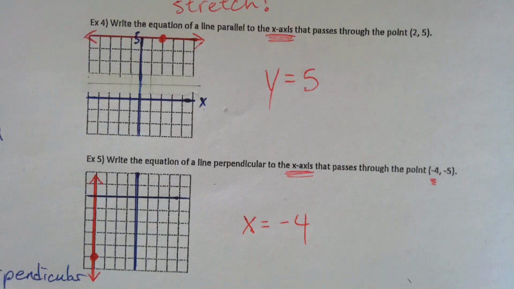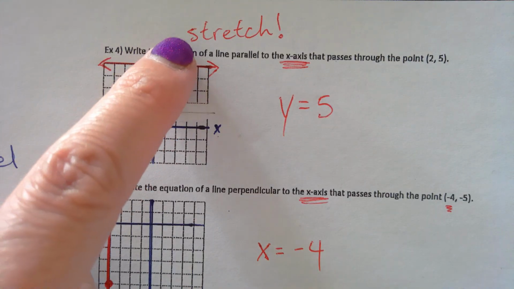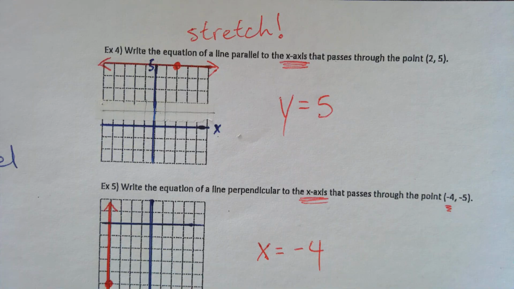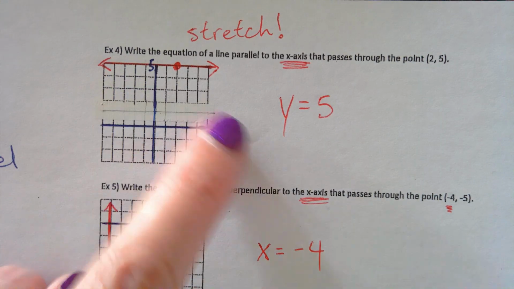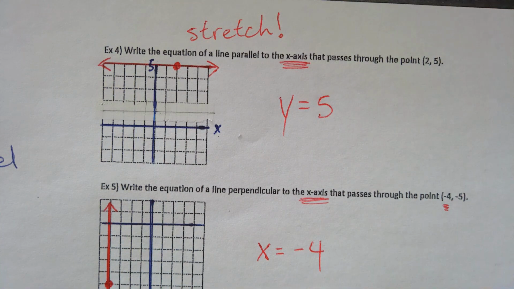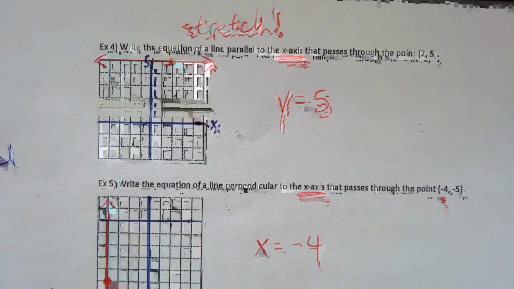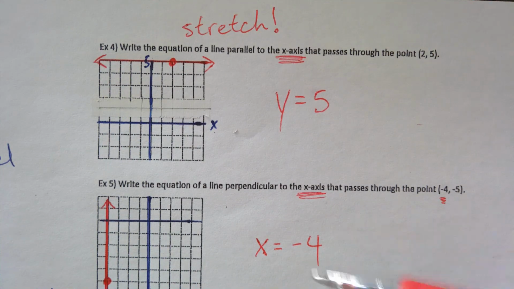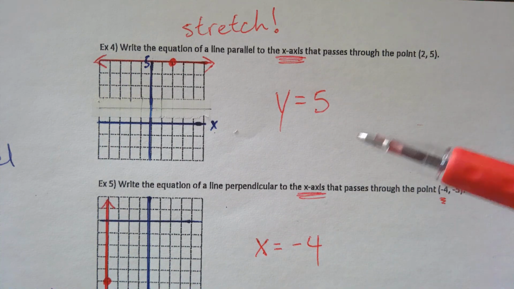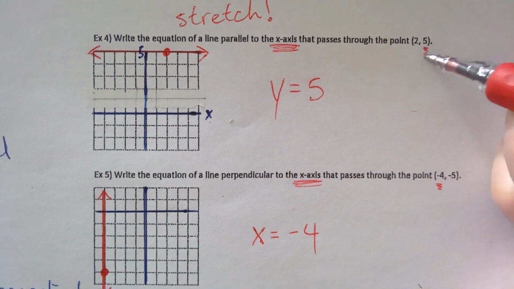Whenever it's a horizontal or vertical line, the easiest way is just to do a quick little sketch. I drew it with a scale and everything, but on the test, you can just do a 1-second sketch on scrap paper, because I just want you to see if it's vertical or horizontal, and then you'll be able to tell what the answer is.